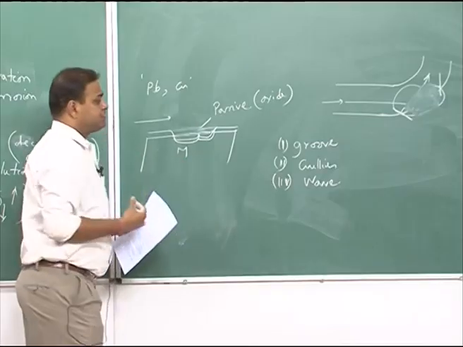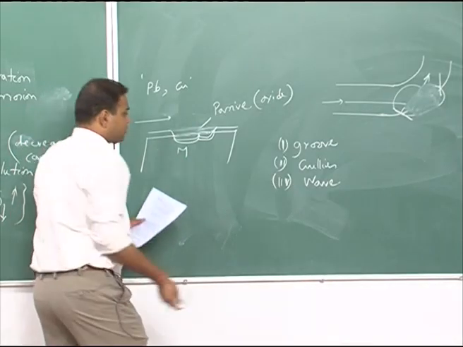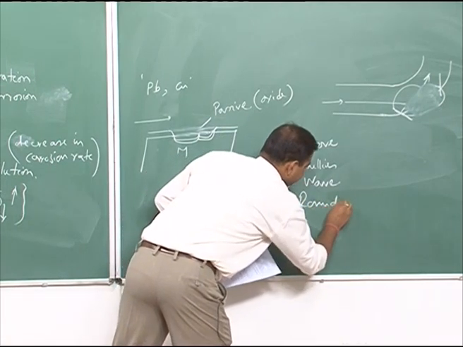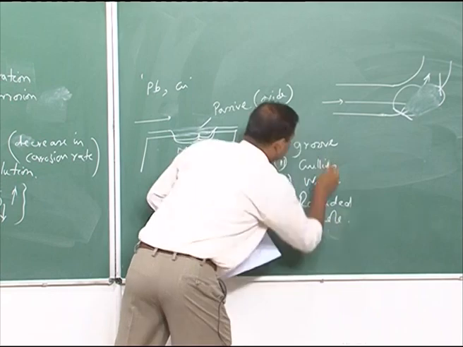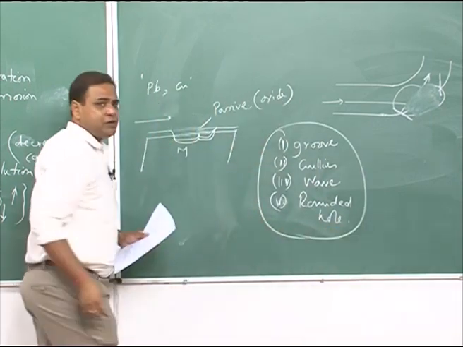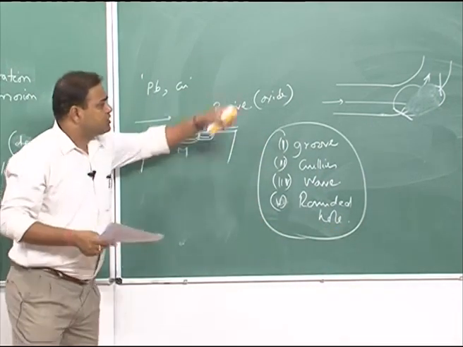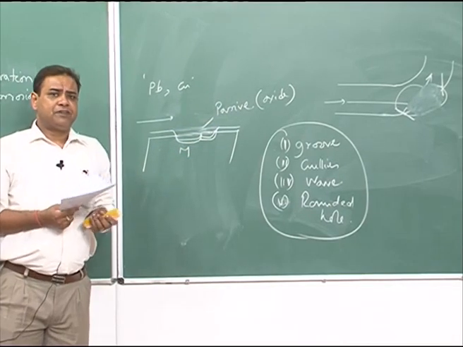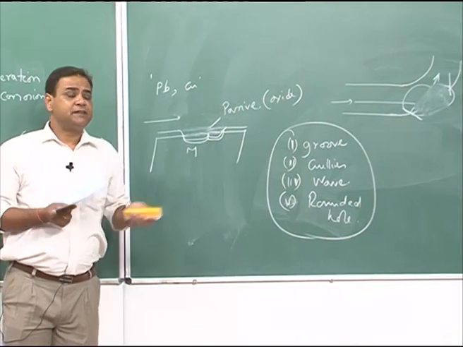The appearance of erosion corrosion includes rounded holes, so these are the appearances of erosion corrosion, and this can happen whenever we have a direction change or whenever we have a lot of residue or dust particles in the solution.